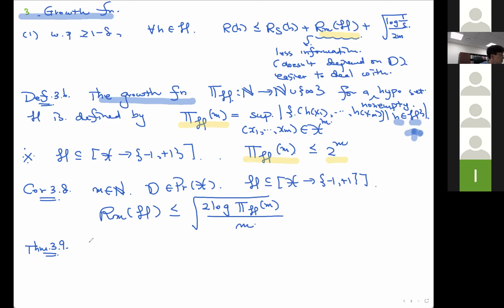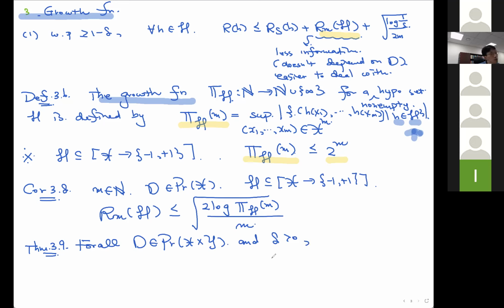So let's say for all distribution D, this time we are talking about the input and output distribution. So it's a bit confusing. D is used sometimes for distribution on input, sometimes for distribution on input and output. I hope that you can distinguish them.